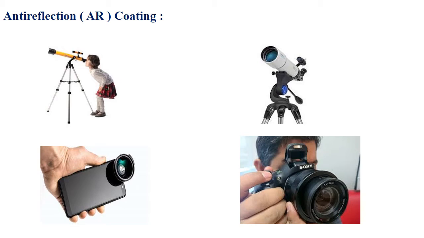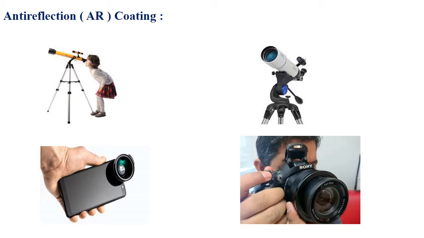So if you want to produce a bright image of the object with the help of a telescope, a mobile, or a camera, the basic requirement is that minimum reflection of the light should take place from the lens of this optical instrument.